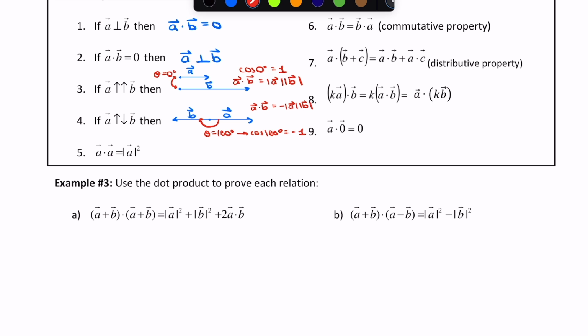Here, if we have two of the same vector, so vector A dot vector A is equal to the magnitude of A squared. Here we have vector A and vector A, and the angle is 0 degrees.